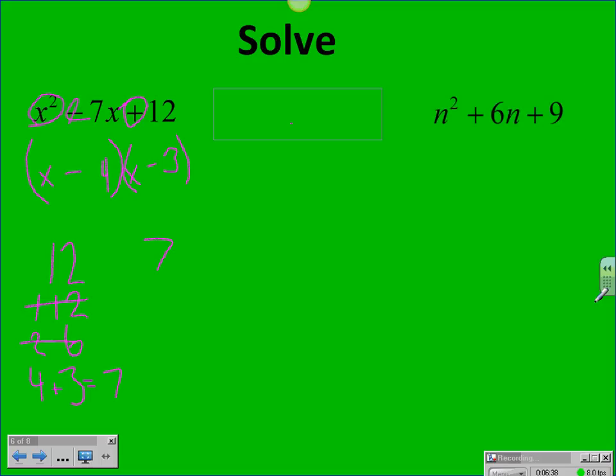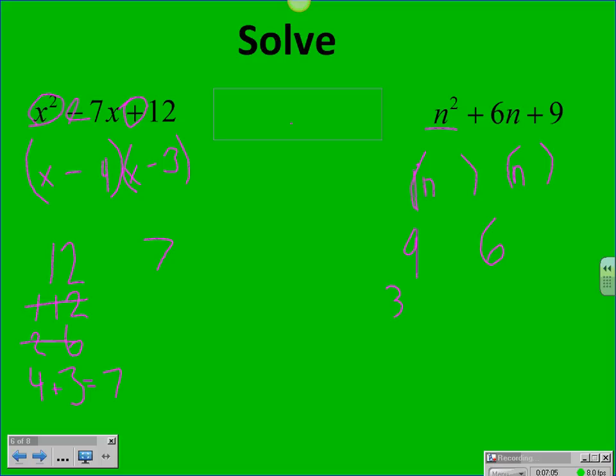Okay, in our equation, we have our parentheses, and the base is n. So we have our n. Now we have to find factors of 9 that, when added together, equal 6.